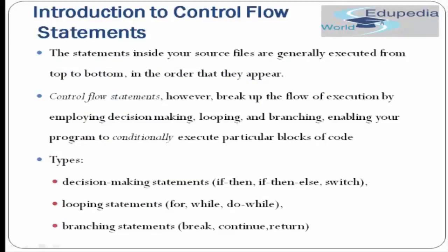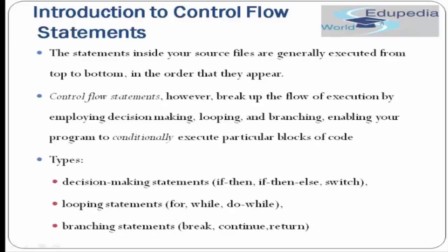Introduction to control flow statements. Statements inside your source file are generally executed from top to bottom in the order they appear. Control flow statements are Java statements which control the flow of your execution. Your execution could be sequential, but we do have control flow statements which can break up the flow of execution. How?